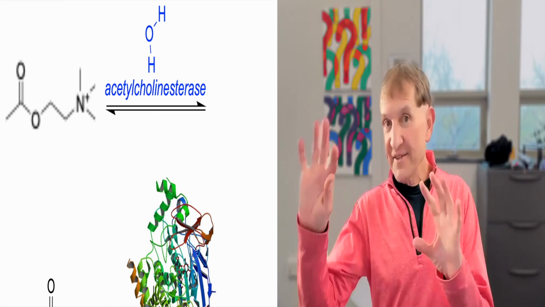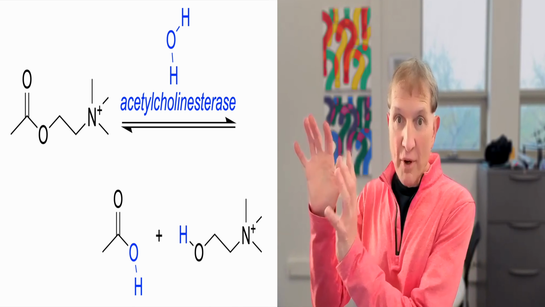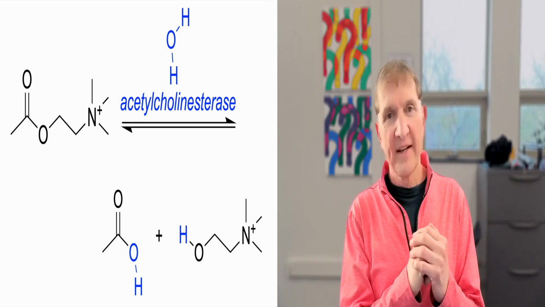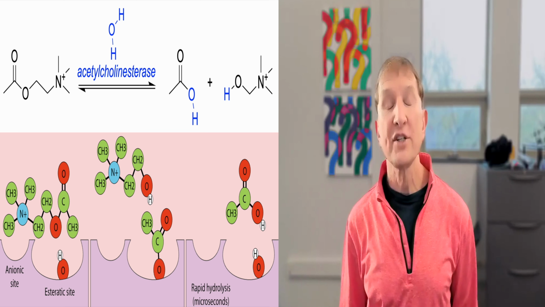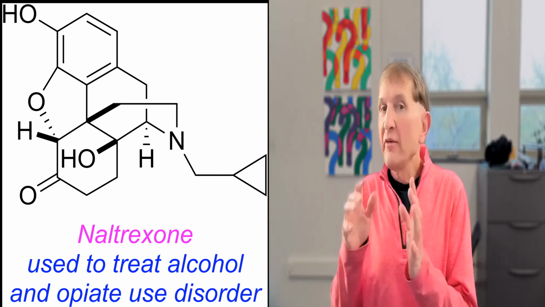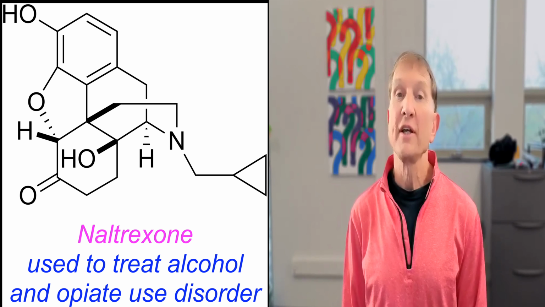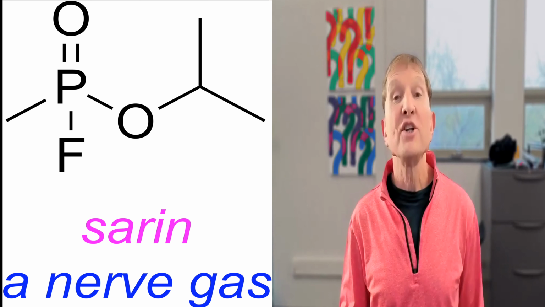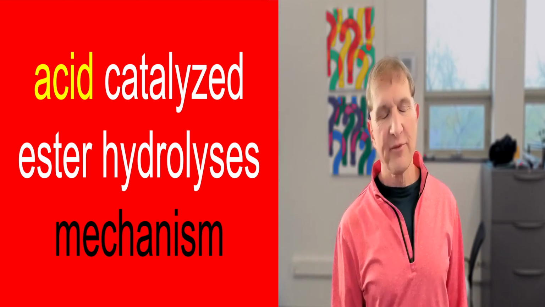It mediates addition of water to give us this positive alcohol and an acid, and that modulates neurotransmission at that junction. Inhibition of acetylcholine esterase can be therapeutically useful, or it can be used for very evil means, like in nerve gases. Let's look at the acid catalyzed mechanism first.